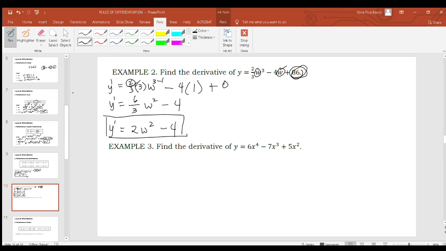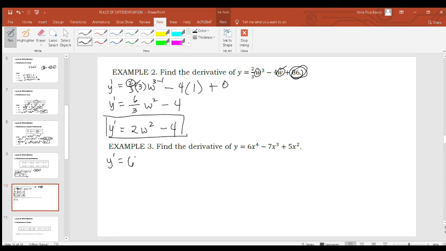Find the derivative of y is equals to 6x raised to 4 minus 7x cubed plus 5x squared. Y prime is equals to 6. Siyempre, andyan pa rin coefficient natin.